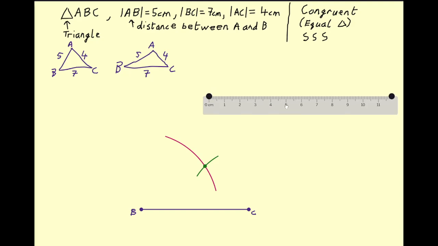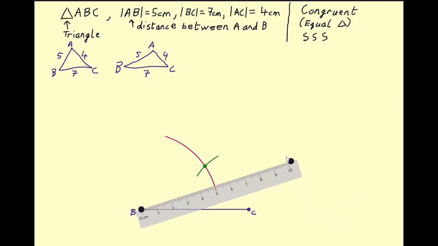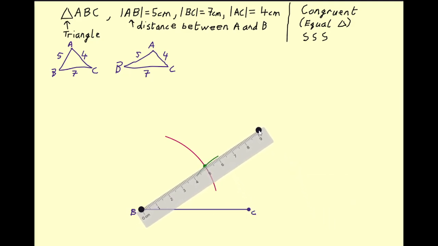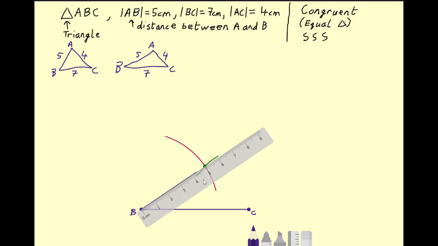Now we have our points, and all we have to do is connect the dots. So I am going to go through my point there. Go through my point here. From B up to there gives me my side AB. And then I want to move over.